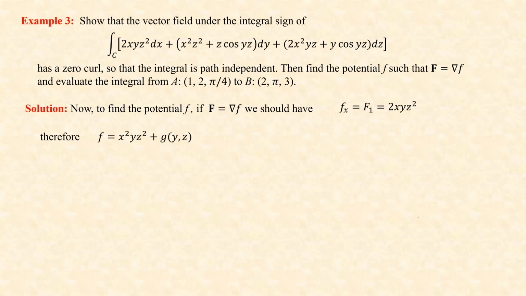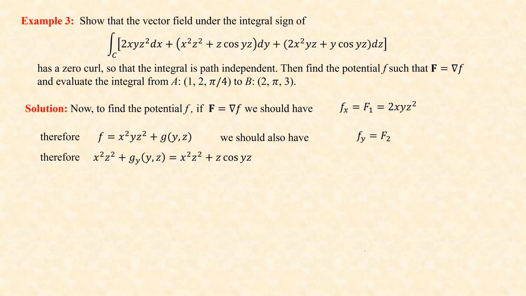And then we say that the derivative of this now with respect to y should be equal to f2. The partial of f with respect to y should be equal to f2. So the derivative of this with respect to y becomes x squared z squared plus the partial derivative of g with respect to y.